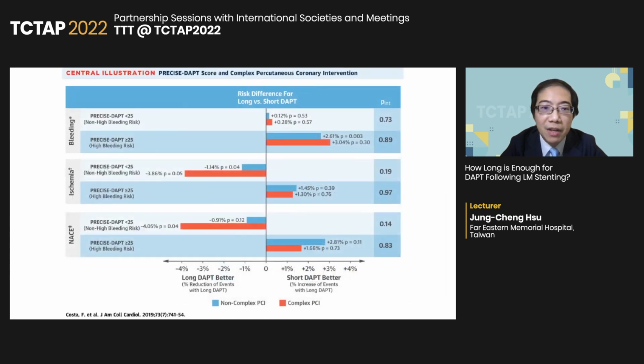The authors found that in complex PCI or non-complex PCI, only with a low PRECISE-DAPT score, less than 25, the long DAPT will be better. On the opposite, if the PRECISE-DAPT score is high, equal or greater than 25, that means the patients were high bleeding risk patients, so short DAPT is better in the outcome.